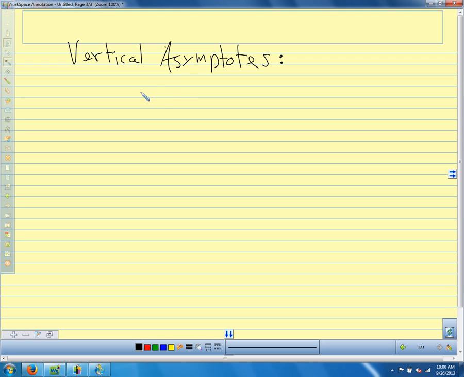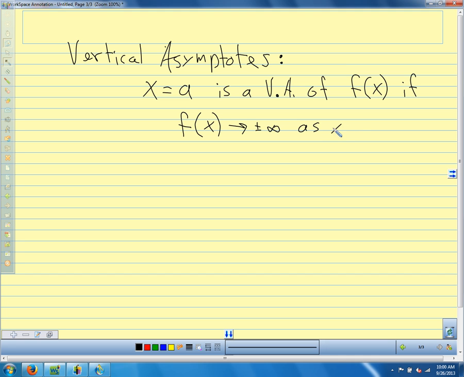We're going to say the vertical asymptotes are always a line. X equals a is a VA, I'm just going to use VA for vertical asymptote, of our function if our function, and this arrow means approaches, approaches plus or minus infinity as x approaches a.